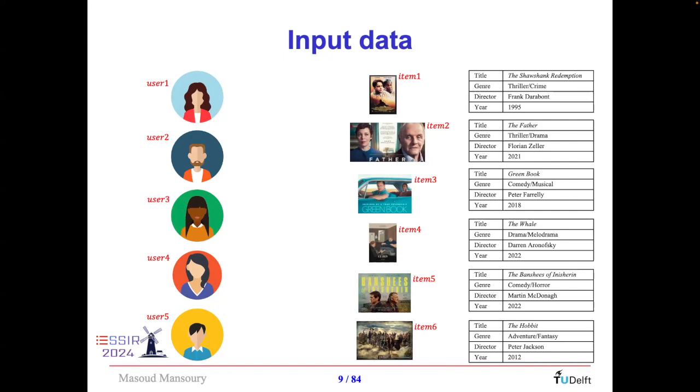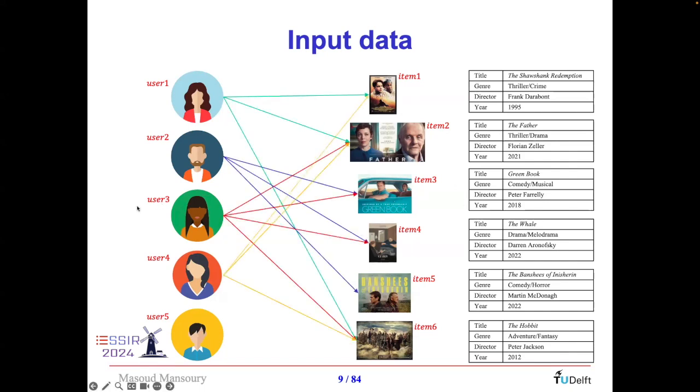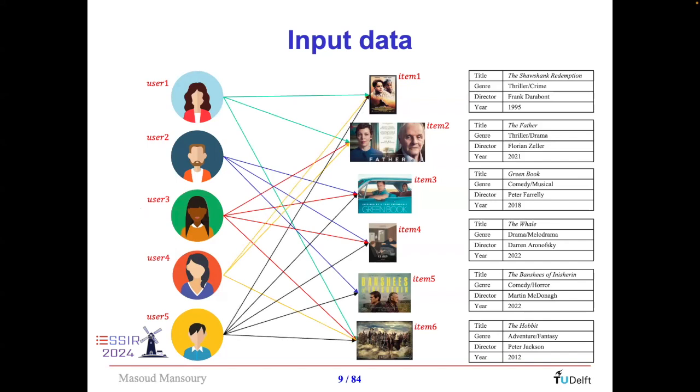Items are also associated with certain metadata, maybe content information, as you can see on the right. Users make connections or interact with the items in the system. These interactions are collected by the system and used for building the recommendation model. Depending on which recommendation model we use, certain types of input data would be used. In the following, you will see different types of recommendation models, and each model requires certain types of data for processing.